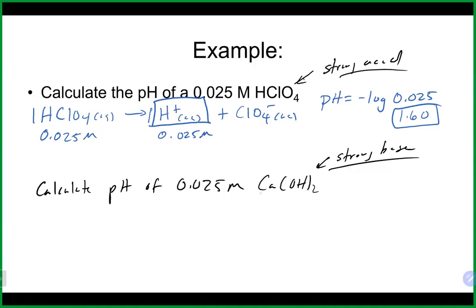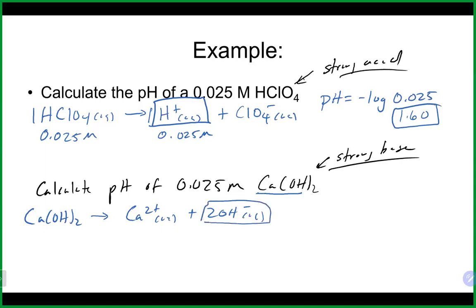Now, the second one is actually a base, and it is a strong base, which means it will also 100% break apart into ions, which means we get a calcium ion and a couple of hydroxide ions here. Now, because this is a base, the thing that's important to calculate the pH is actually the OH minus concentration.